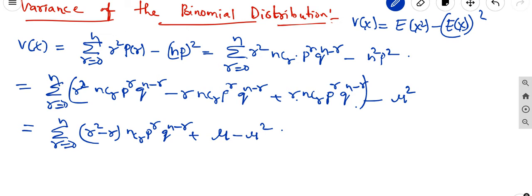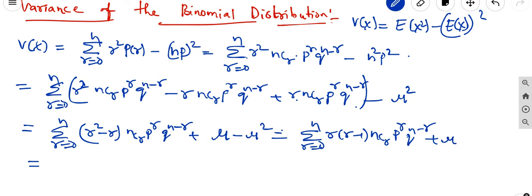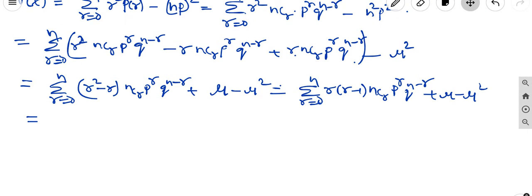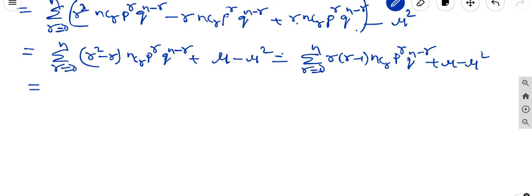So from this, r is common: sigma r equal to 0 to n of r into r minus 1 NCR p power r q power n minus r, plus mu minus mu square. We take it like this because we get the binomial relation of this term.